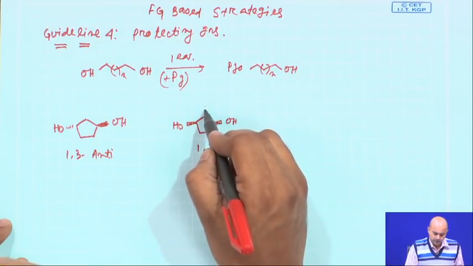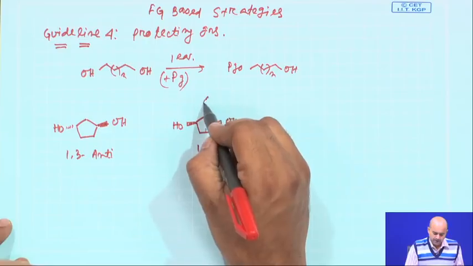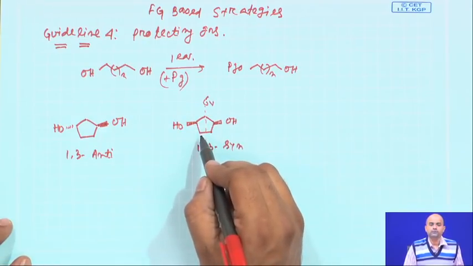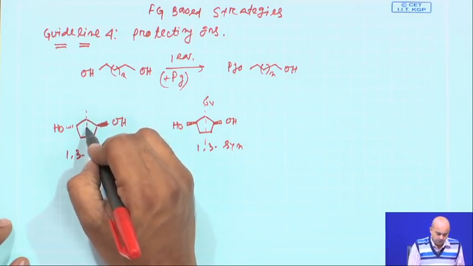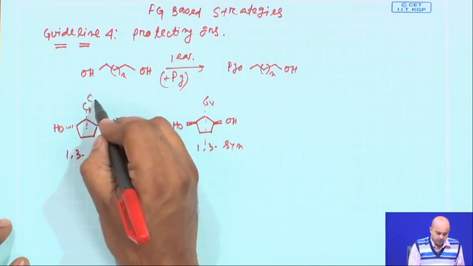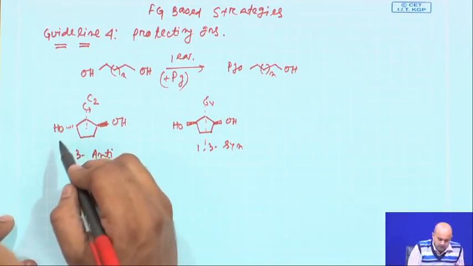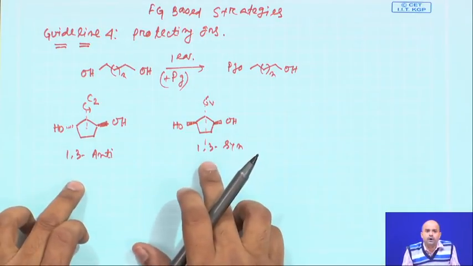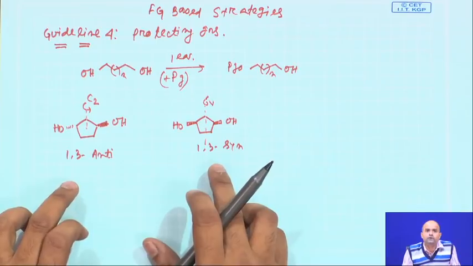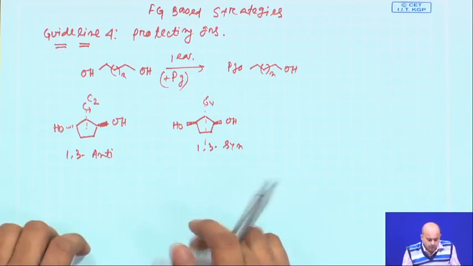The right hand side molecule will not have chirality because it has a mirror plane of symmetry, sigma v, but the other molecule is chiral and has a C2 axis of symmetry. These kinds of compounds are very good building blocks for the synthesis of natural products or other molecules.